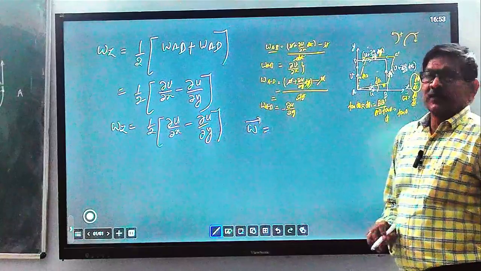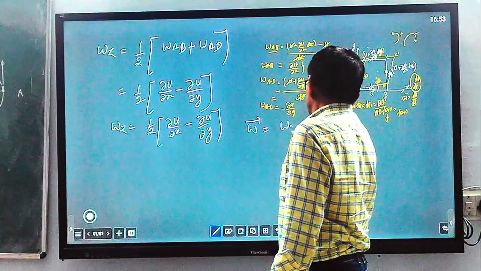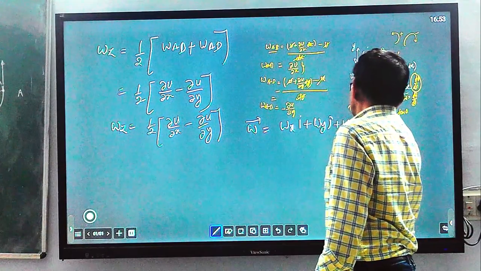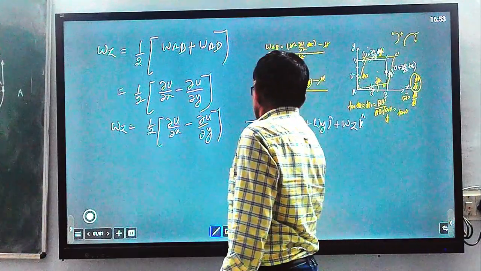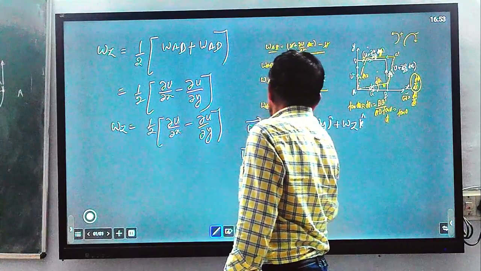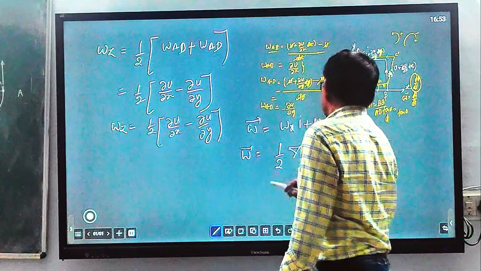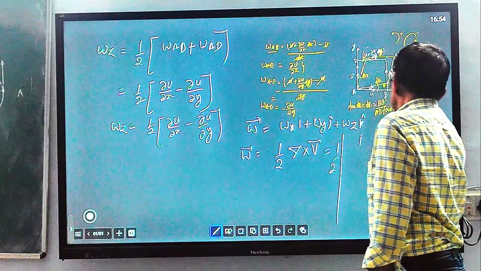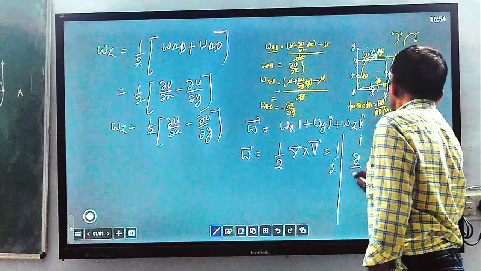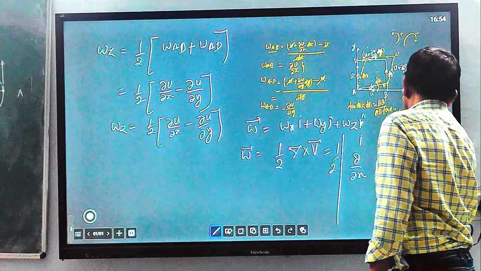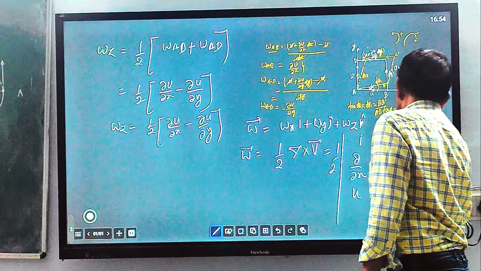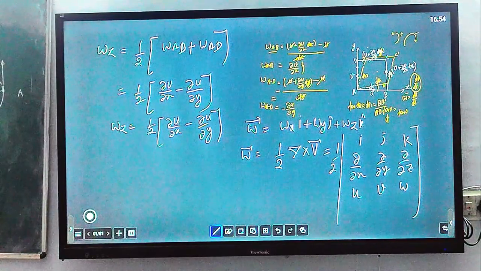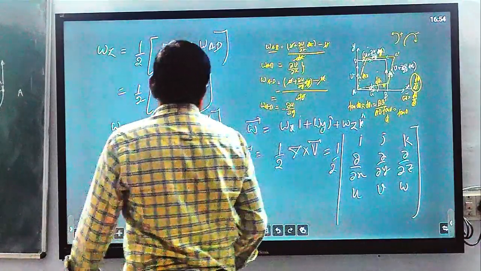So the rotation vector can be defined as omega x i plus omega y j plus omega z k, and we can define the omega vector as 1 by 2 curl V, the velocity vector, and here we can write 1 by 2 determinant of i j k, del over del x, del over del y, del over del z, and u v w. These are three components along the x direction, y direction and z direction. These three components we can find out easily.